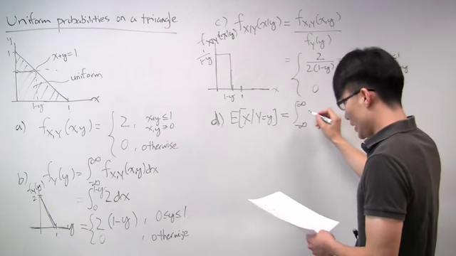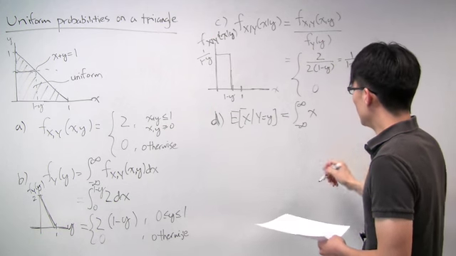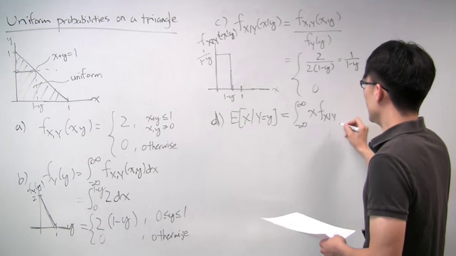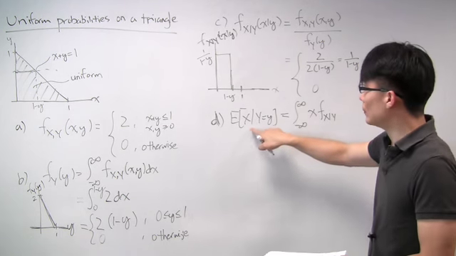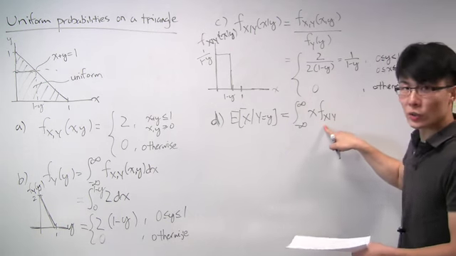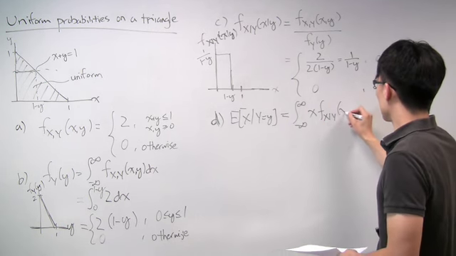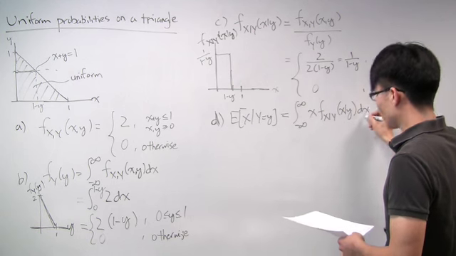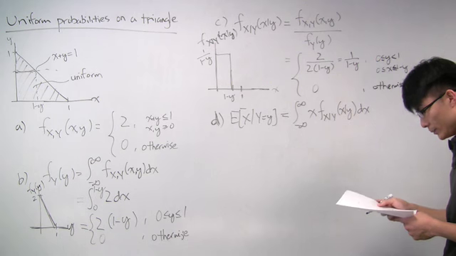So you take the value, and then you weight it by the density. And in this case, because we're taking a conditional expectation, what we weight by is the conditional density of x given that y is little y. And we integrate with respect to x.